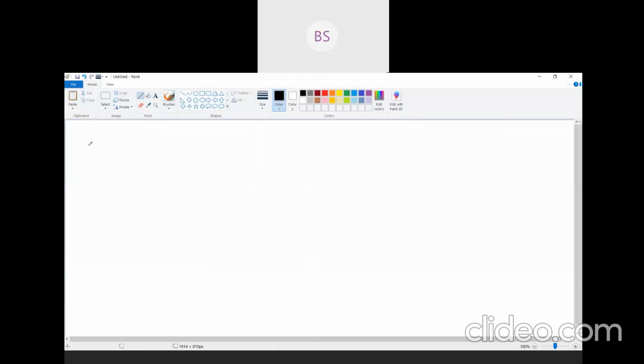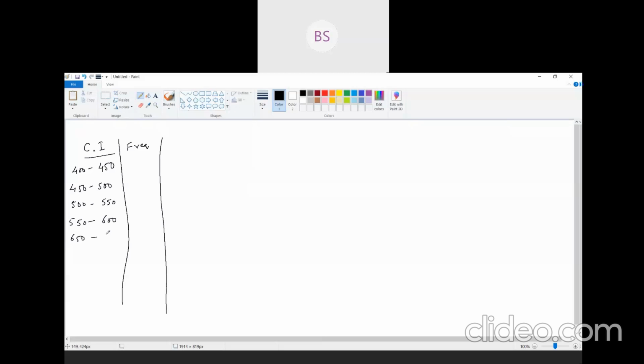Okay, so now here class intervals are given and frequencies. Okay, so these are the class intervals given and the frequencies are given.